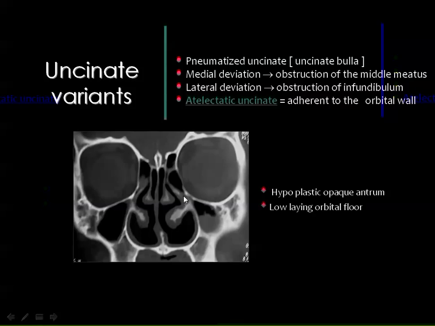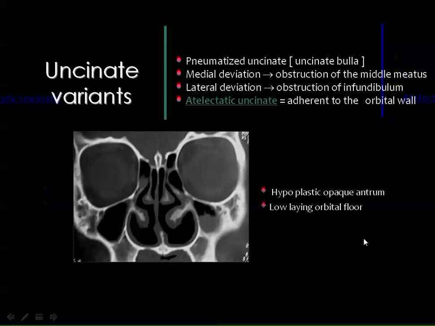The uncinate process, similar to any part of the bony outline of the paranasal sinuses and the nasal fossa, can be pneumatized. Then medial deviation of the uncinate process will result in obstruction of the antral drainage. Lateral deviation of the uncinate process will result in obstruction of the middle meatus.